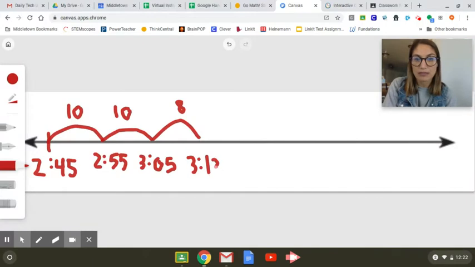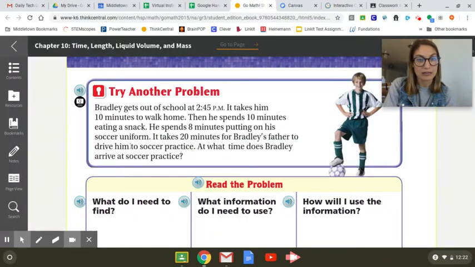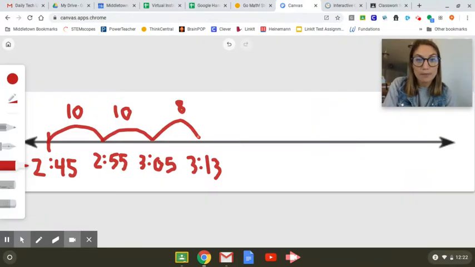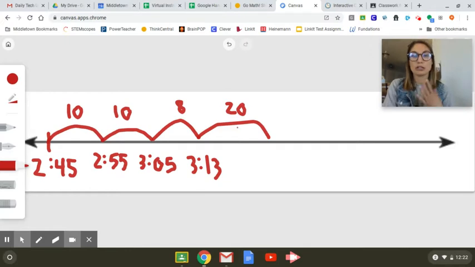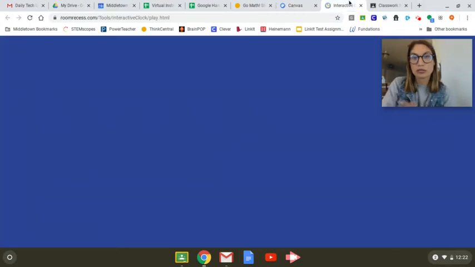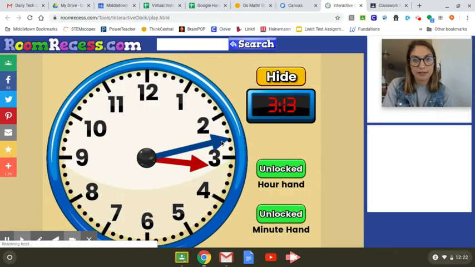All right, we're not done yet because he has to drive to practice. And let's see, it takes them 20 minutes. So I'm going to do one more jump of 20 minutes. Okay. And you can either think, okay, what's 13 plus 20? Or you can use the clock. So I'm going to think, okay, this is 1, 2 minutes.